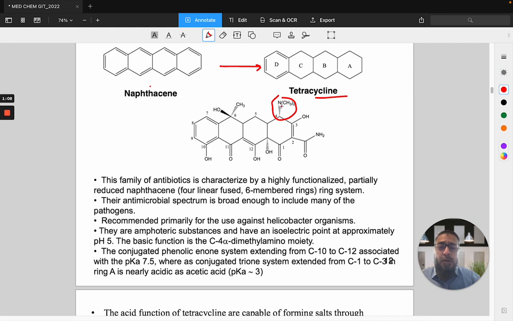One is the stereochemistry at the C4 carbon, and the second is the conjugated phenolic enone system, which runs from C12 to C10. This is the enol system, called the conjugated phenolic enone system. These two things are the structural features of tetracycline.